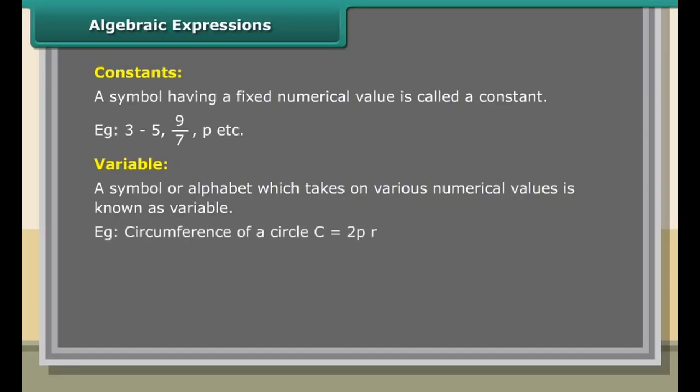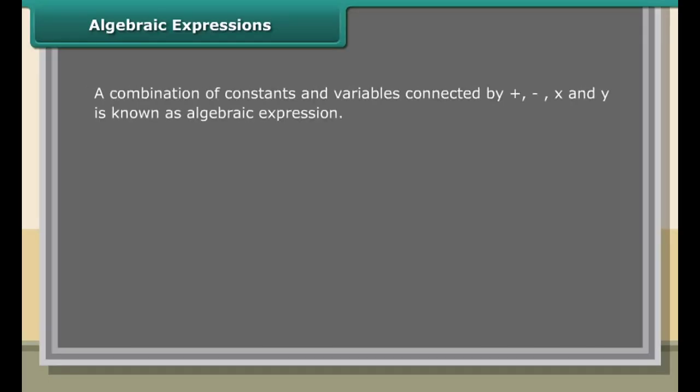Example, circumference of a circle C is equal to 2πr, where r is radius of the circle; 2π is a constant, C and r are variables. Algebraic expressions. A combination of constants and variables connected by plus, minus, multiplication, and division is known as algebraic expressions.